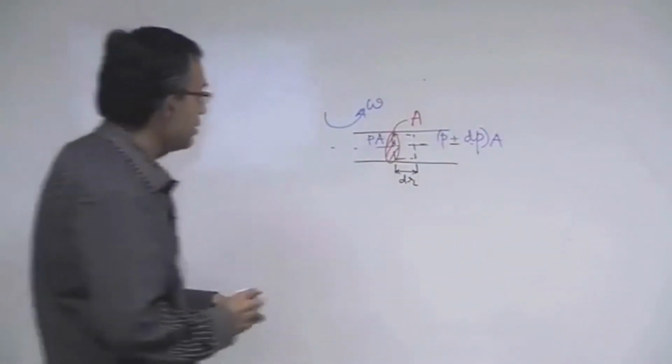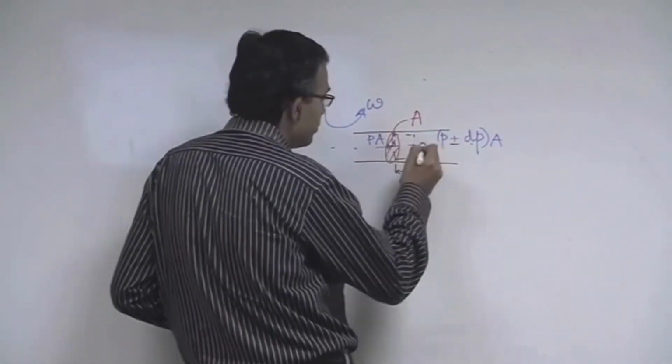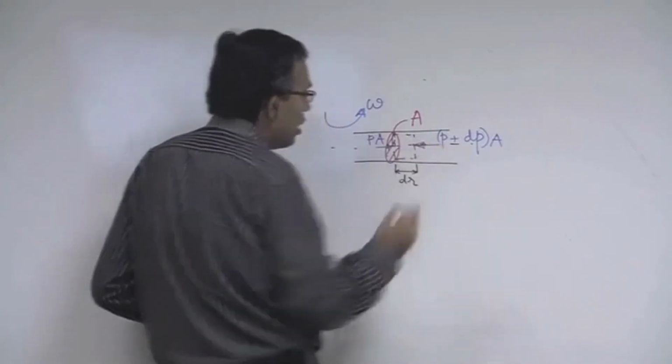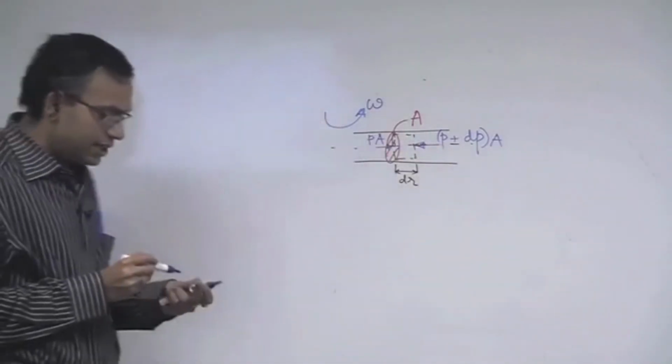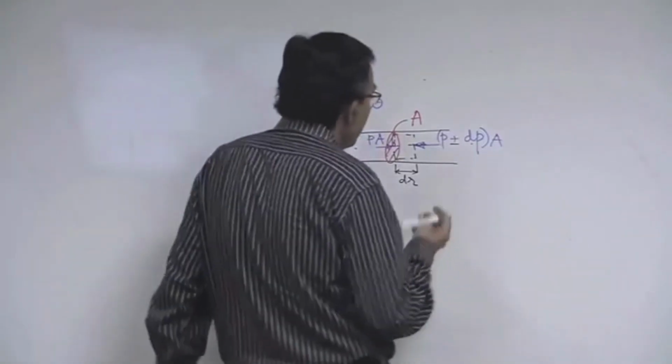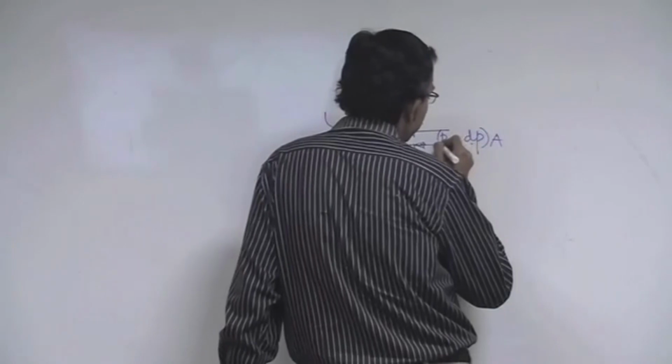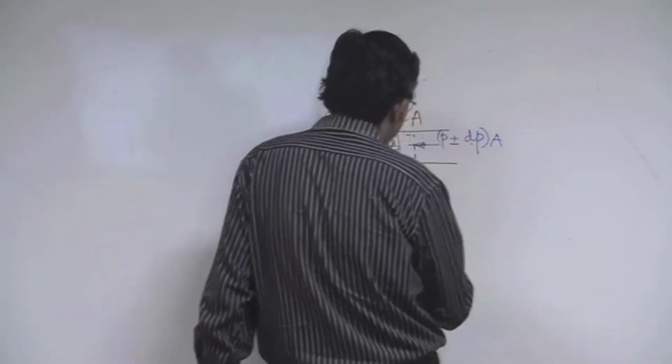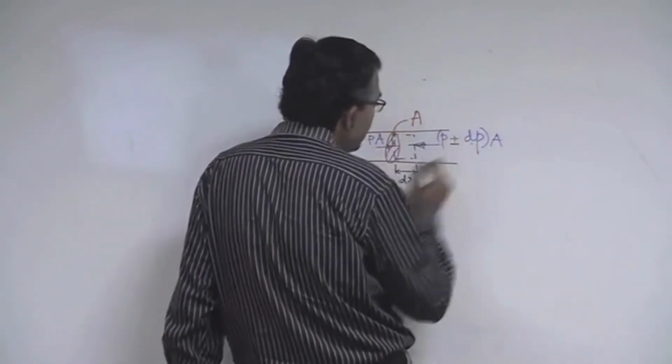Pressure is inwards, of course. So let us write the inertial force, which is, say this is the radially outward direction.